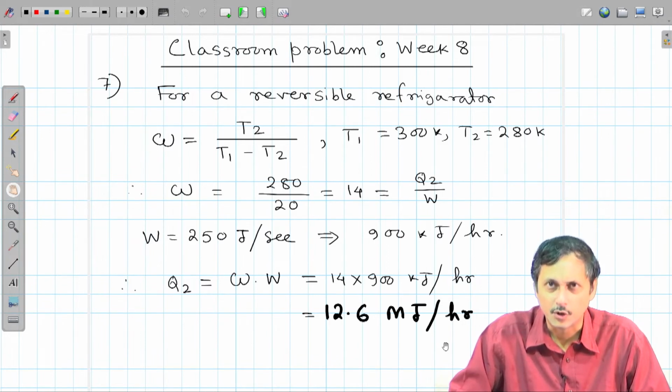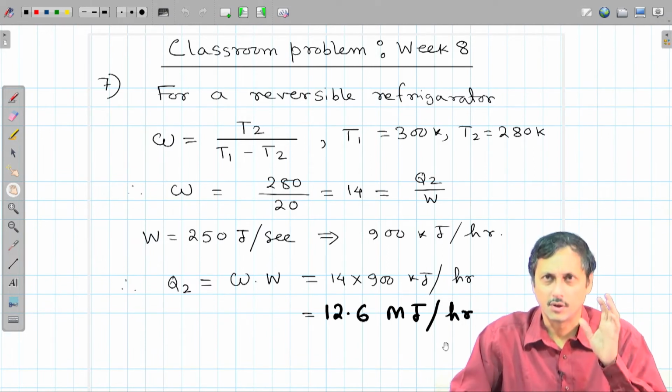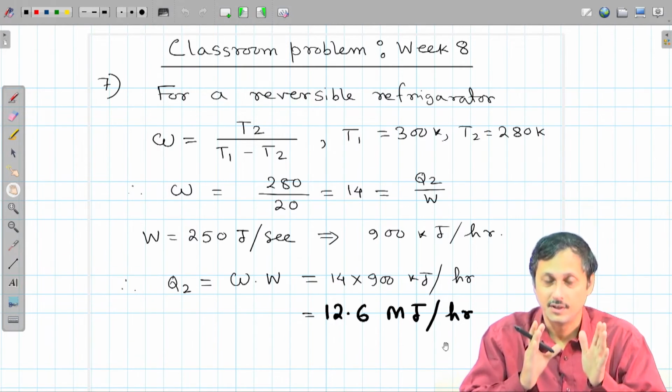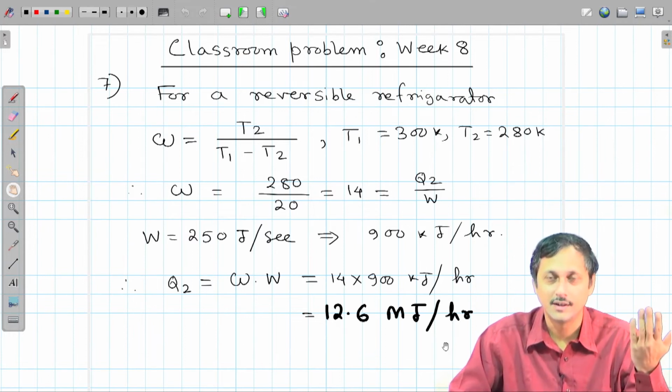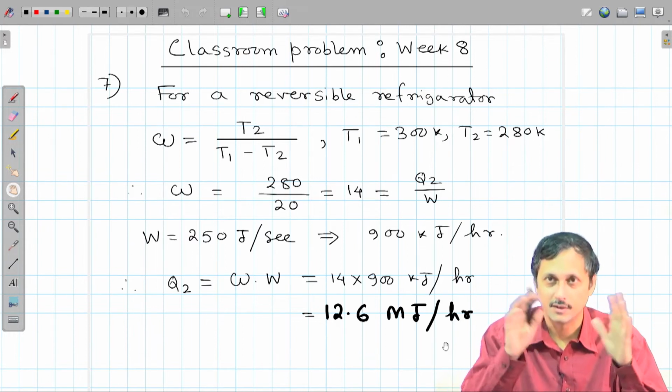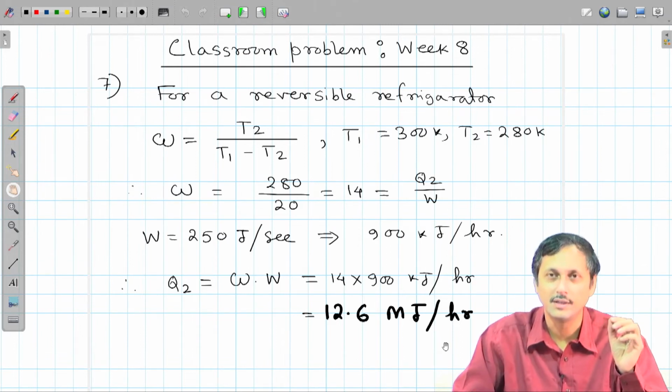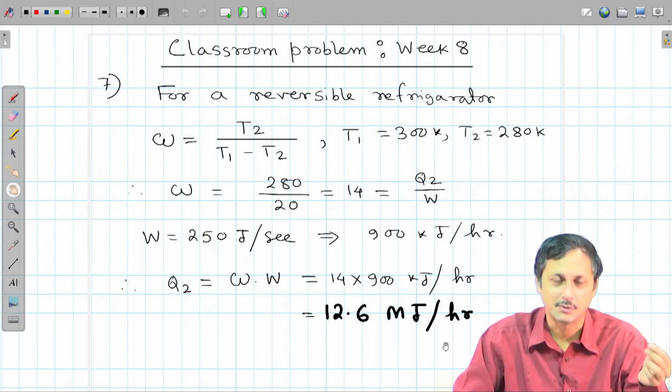Okay. So, in a normal refrigerator, the work is done at the compressor. If the compressor power is 250 watts, and you know the temperature outside, 300 Kelvin is the temperature of the surroundings and 280 Kelvin is the temperature inside, what you can do is take a normal lab thermometer and measure the temperature of your household refrigerator, measure the temperature of the environment, and look at the compressor rating that should be written on the back of the fridge.